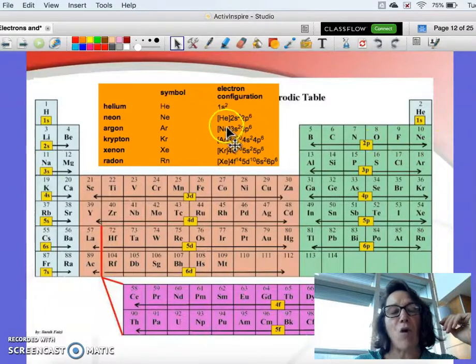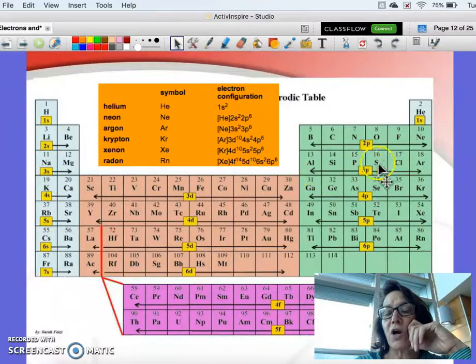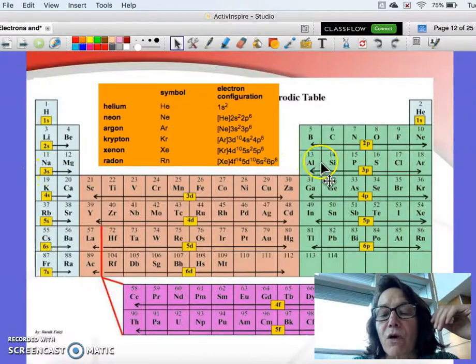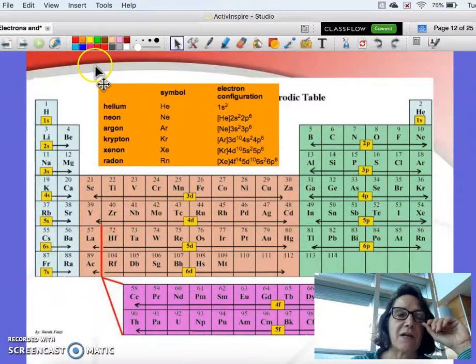It's got that neon core, and then just a 3s1. If I were going to write it for sulfur, I would say that it's neon. I put the little neon in a bracket, and then 3s2 and 3p 1, 2, 3, 4 for sulfur, just so that you understand what that looks like.